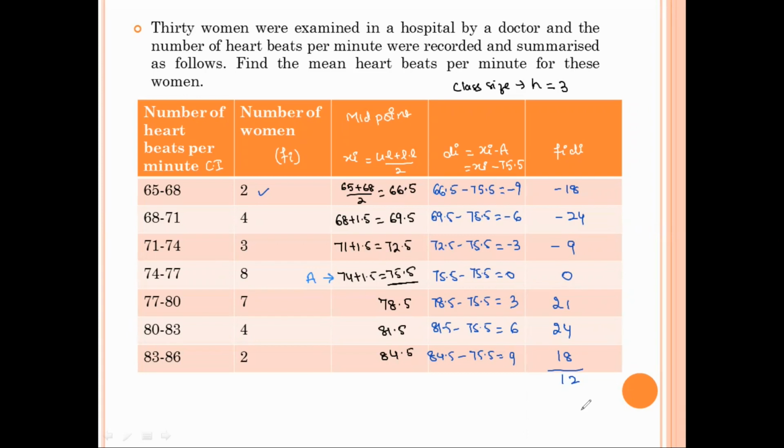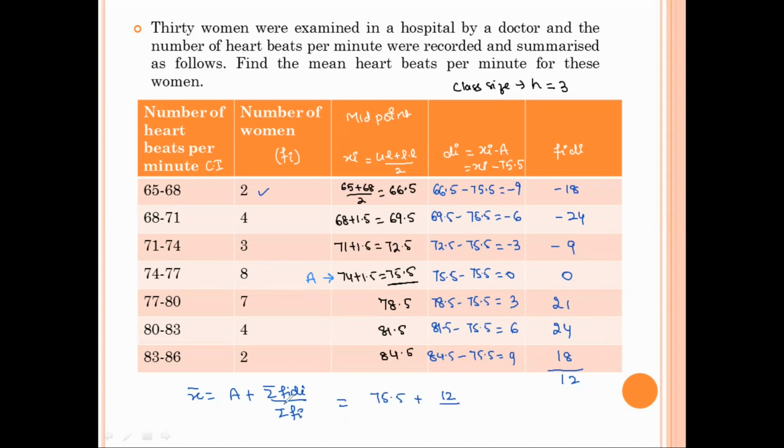नाउ वी नो द फार्मूला ऑफ अज्यूम्ड मीन. तो अज्यूम्ड मीन का फार्मूला क्या है, x bar is equals to a plus summation of fi di by summation of fi. तो हमारे पास सभी वैल्यूज हैं अभी. a is your 75.5 plus summation of fi di is 12.